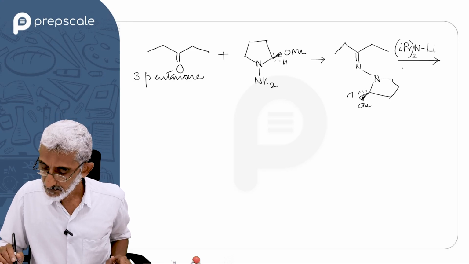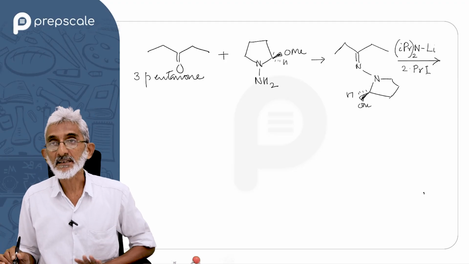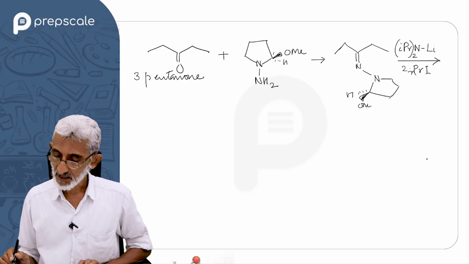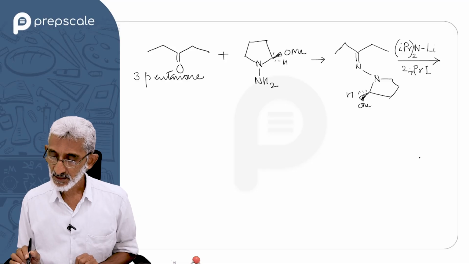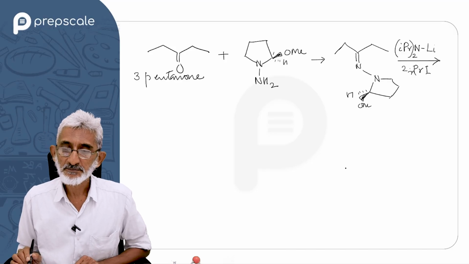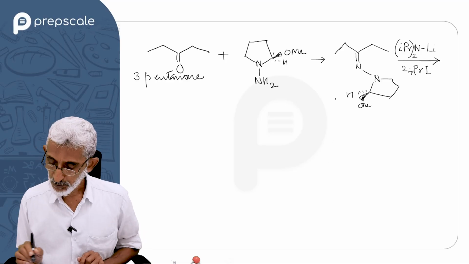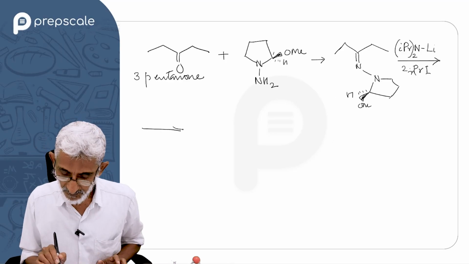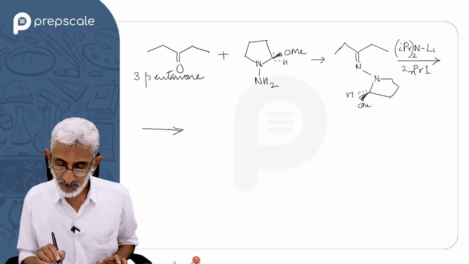Second, n-propyl iodide, n-PrI. So what happens is you replace this, and the product obtained is this one.